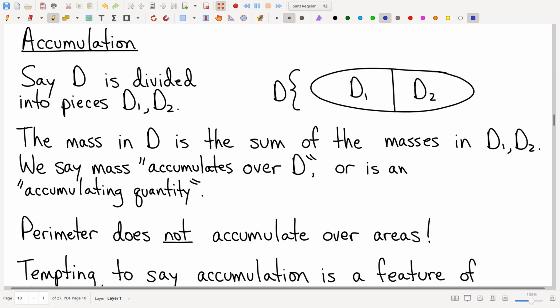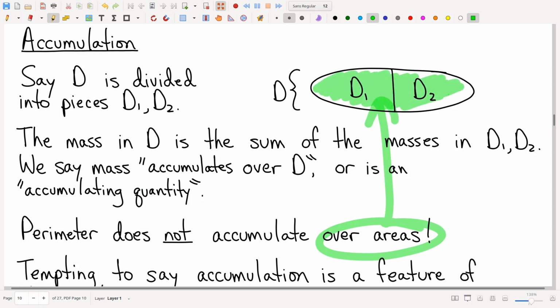Okay. Now, I want to point out, not every quantity that you might ever be interested in is an accumulating quantity. In particular, talking about areas, right? So, for example, here is an area, and I can talk about chopping this up into two different pieces. For example, there's this left piece that I'm going to pseudo shade blue, and there's this right piece that I'm going to pseudo shade orange.